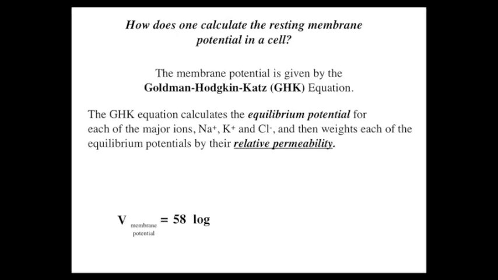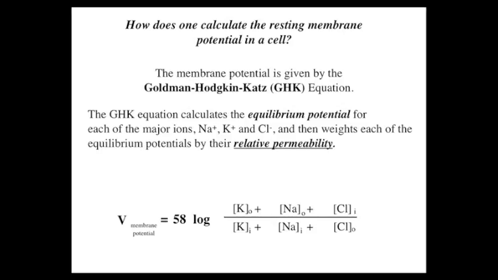So for example, let's take the membrane potential, Vm, and that's going to be equal to 58 times the log of the concentration of potassium on the outside divided by the concentration of potassium on the inside, plus the concentration of sodium on the outside divided by the concentration of sodium on the inside, plus the concentration of chloride on the inside divided by the concentration of chloride on the outside.